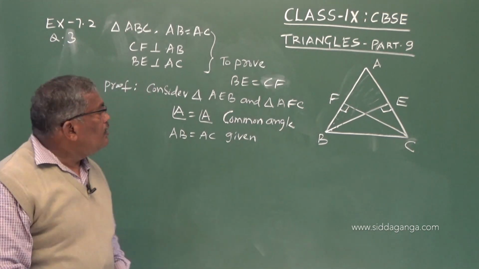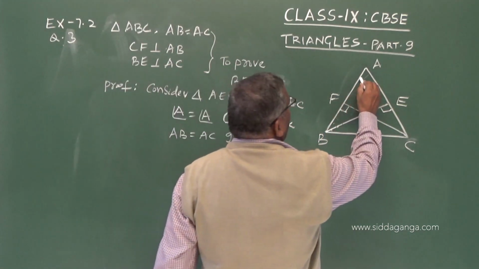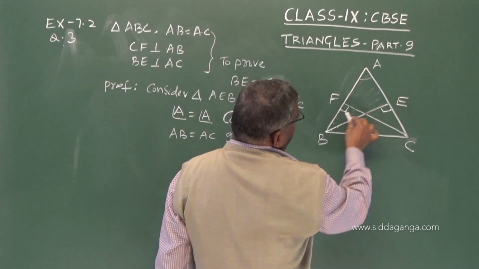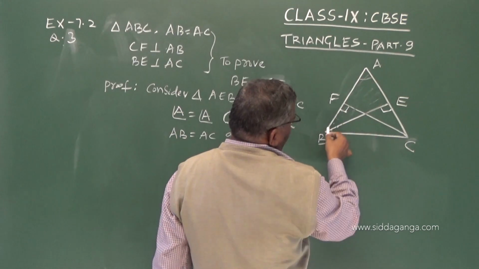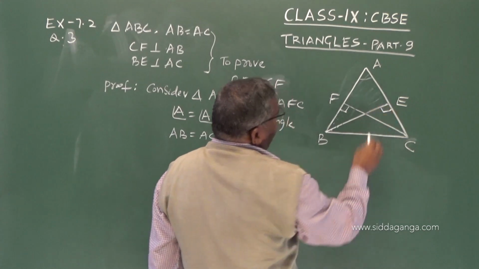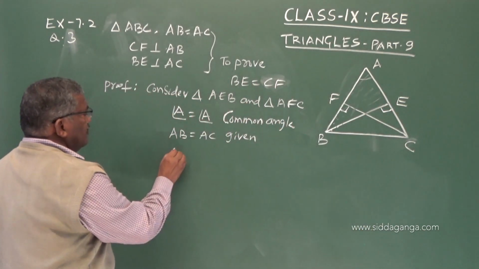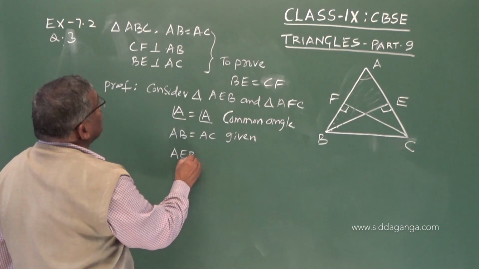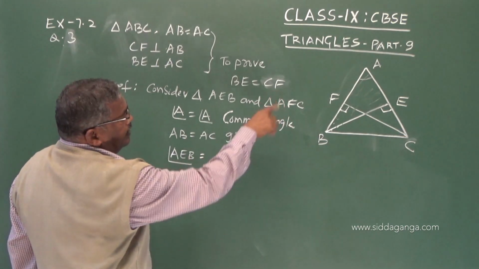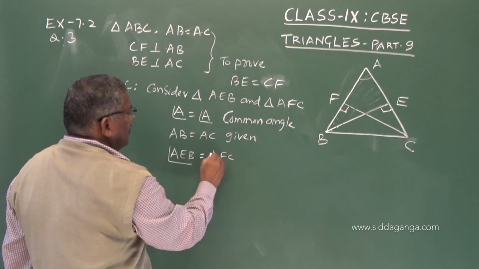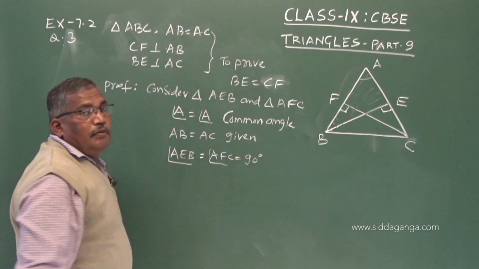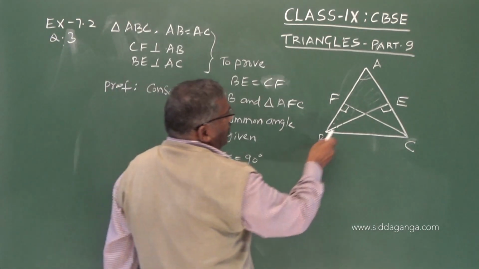So, now we have this angle common, and in this triangle we have one side equal and angle A equal. Angle AEB is equal to angle AFC, equals 90 degrees, because these are altitudes.